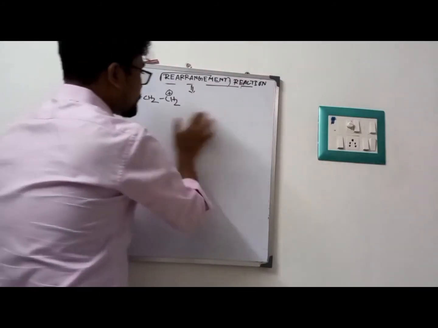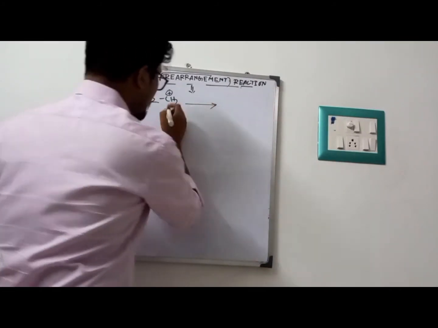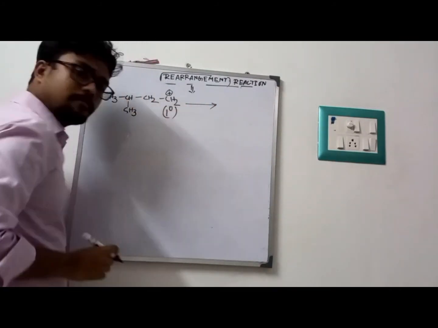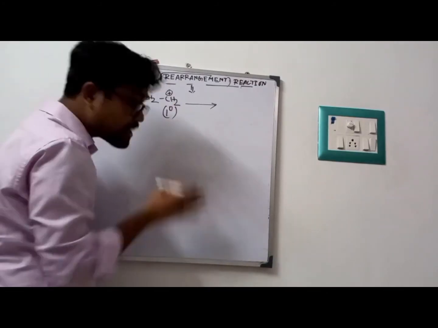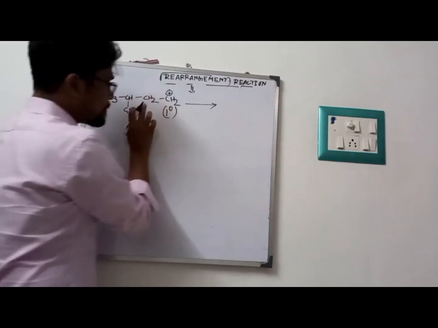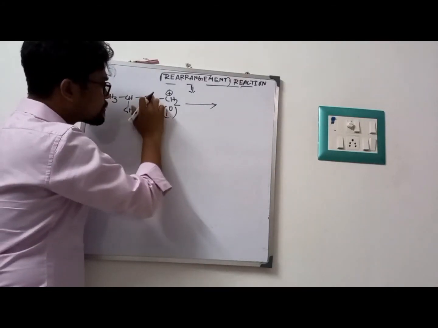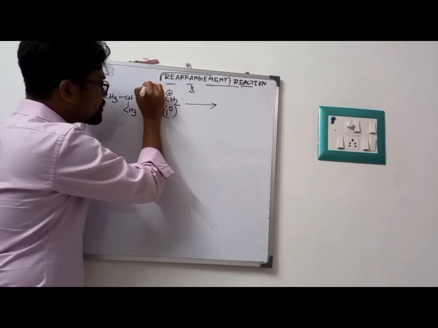Okay, now fine. Look very carefully at this reaction. What happened? This is a 1 degree carbocation. Why is this 1 degree? It is attached with only 1 carbon and 2 hydrogens. First, in this H2, I can write it this way, H2.